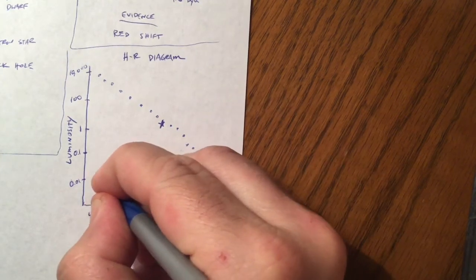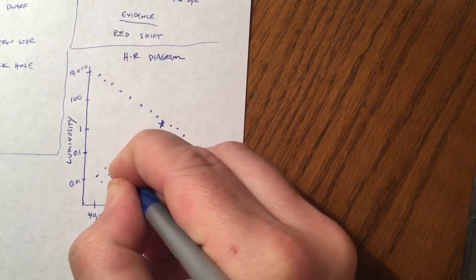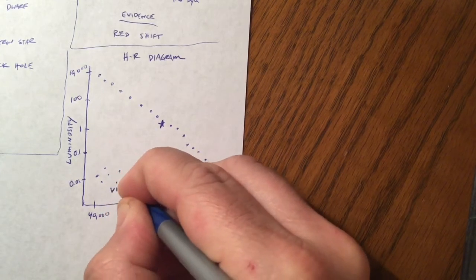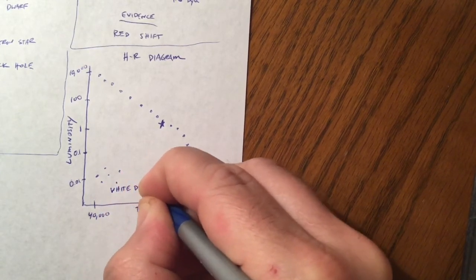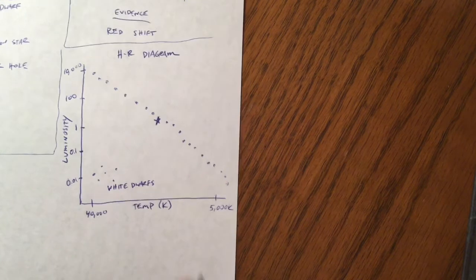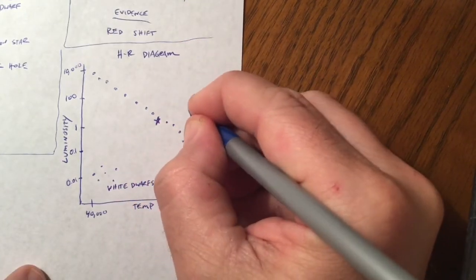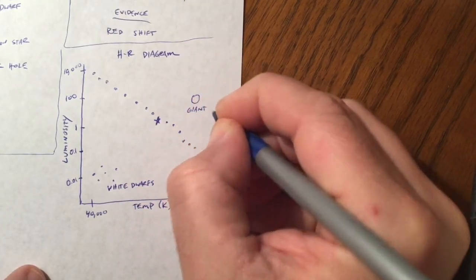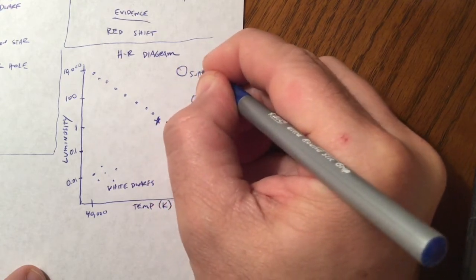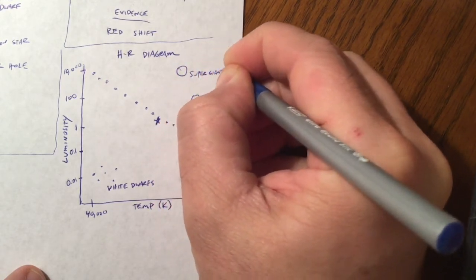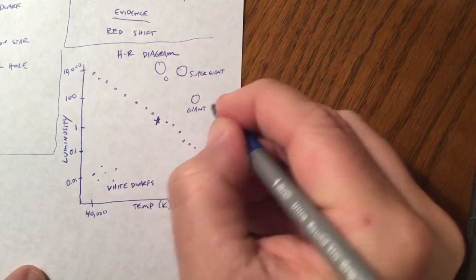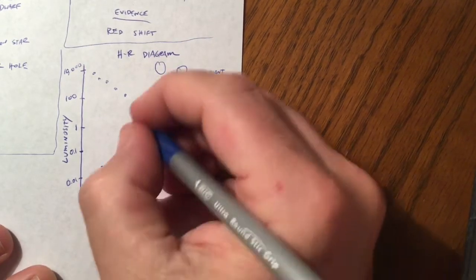At the bottom left, you have your super hot, but not very bright white dwarfs. And in the top right, you have your giant stars and your supergiant stars. And there's usually more than one of these, but for the sake of time, I'm just drawing a few.